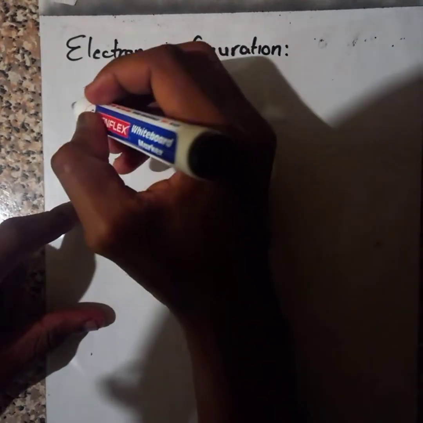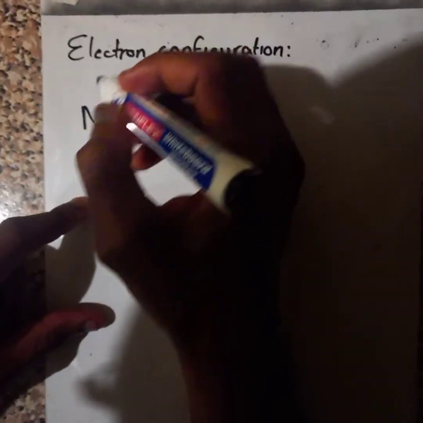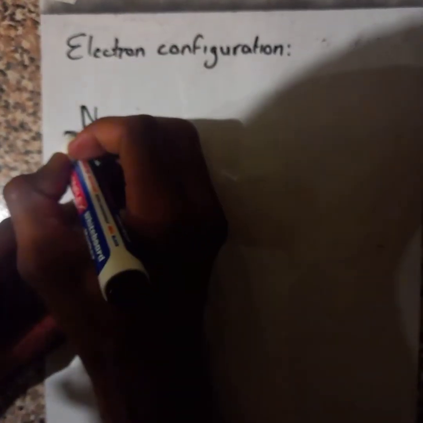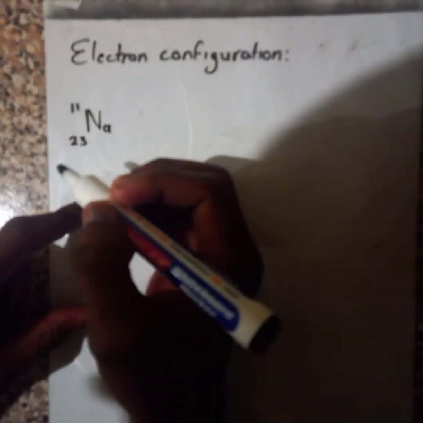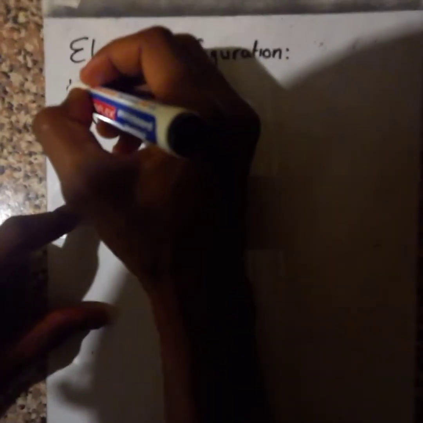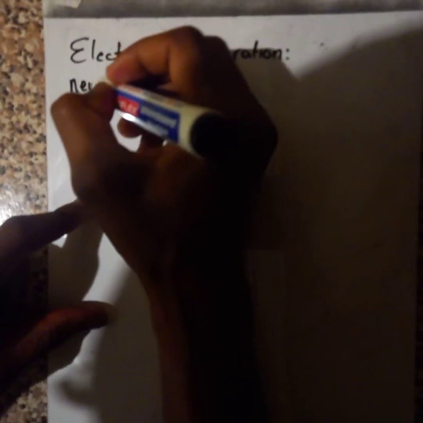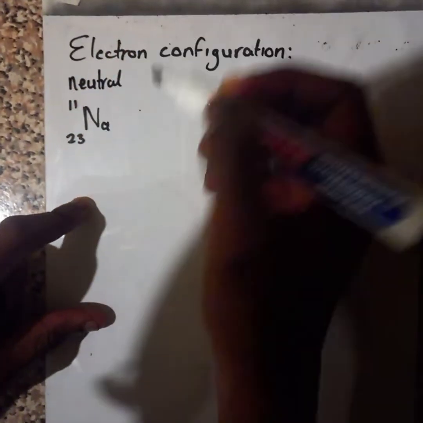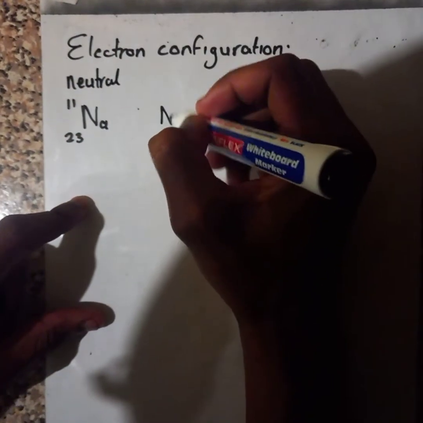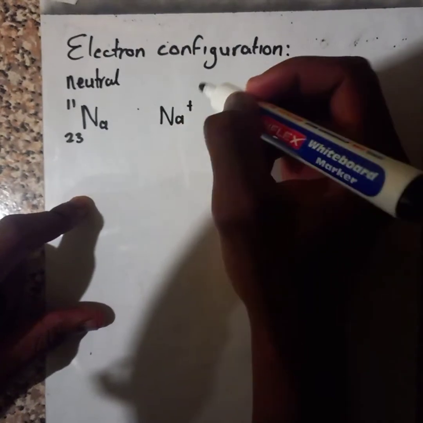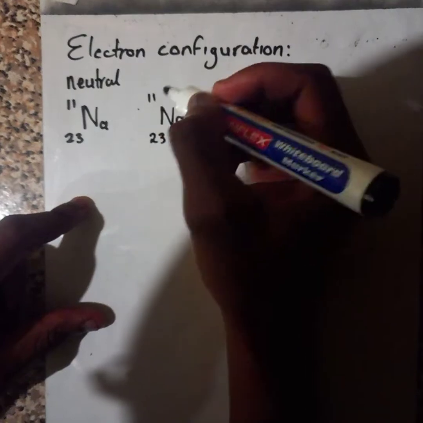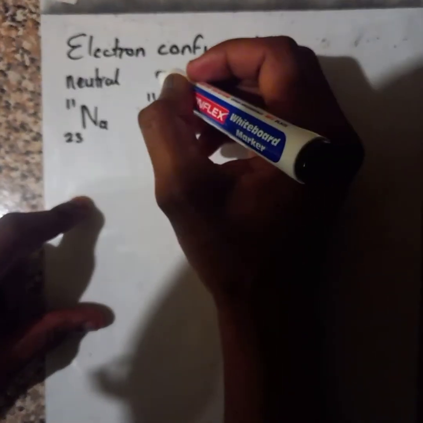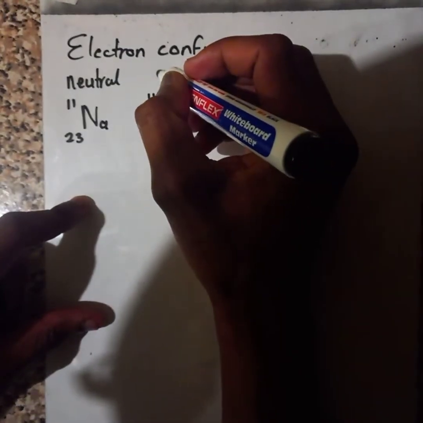Do you still remember last time I gave you something like this? 2311. It was a neutral. This one was neutral. Then now I'm going to give you this one, a cation. Now you see, a charged.